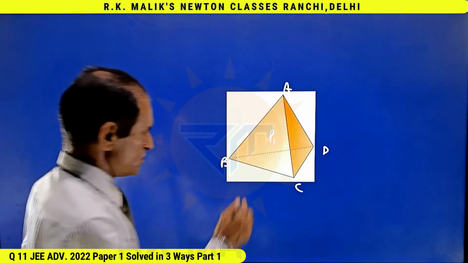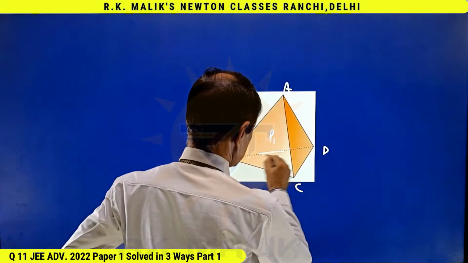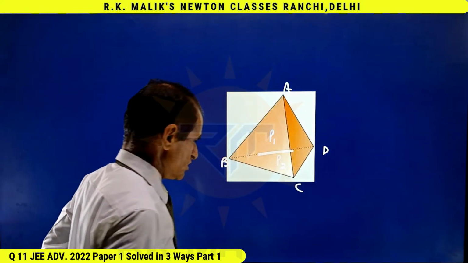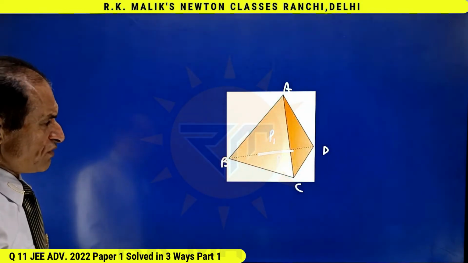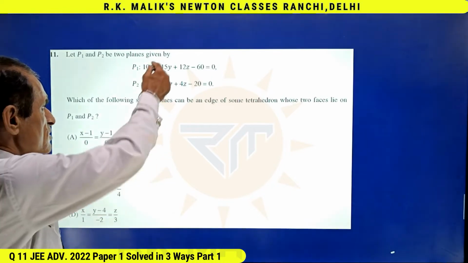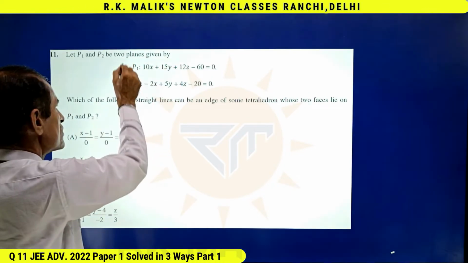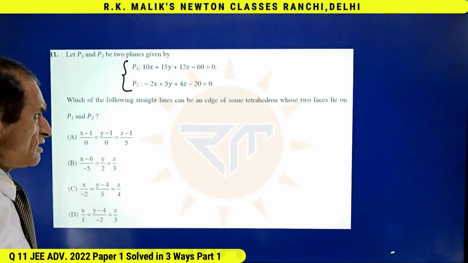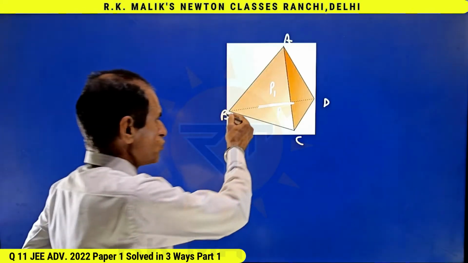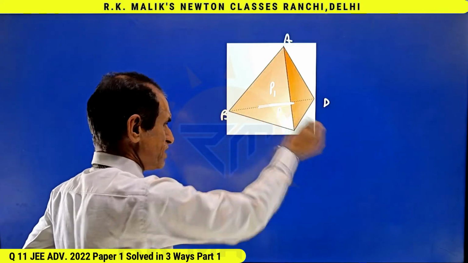That is, this line is the line of intersection of these two planes. That is, if we convert this line in symmetrical form, you will get the equation of the line BD.